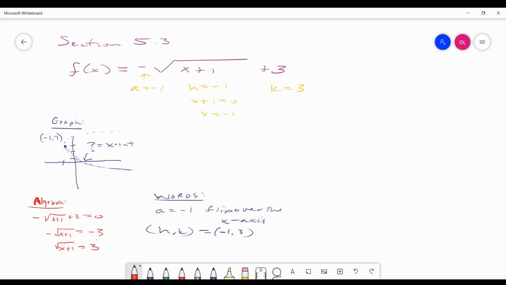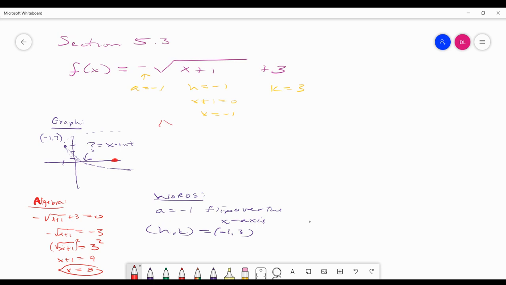And now I have to square both sides. So if I square both sides, I get x plus 1 equals 9. Subtract both sides by 1, and I get x equals 8. So my x-intercept is going to be 8. So if I go up here, that's not a very accurate drawing, but my x-intercept's way out here at 8.